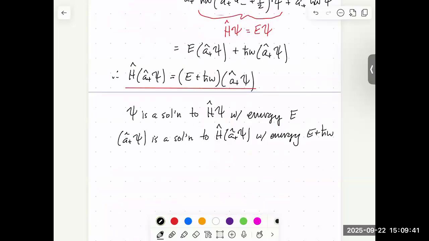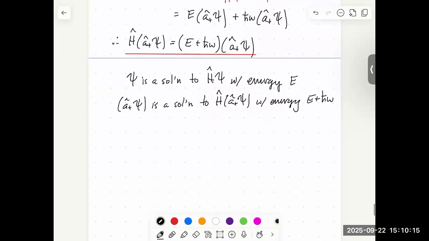What's the energy going to be? There's no wrong guesses. What do you think this is going to be? E minus h bar omega. And so this is why we've labeled the A plus operator with the plus sign, because it generates states of higher energy. The operator with the minus sign will generate states of lower energy.